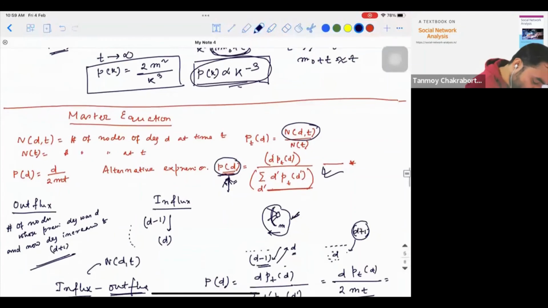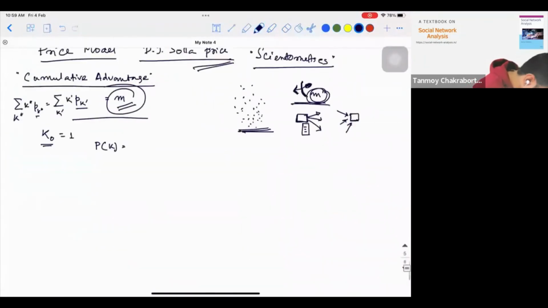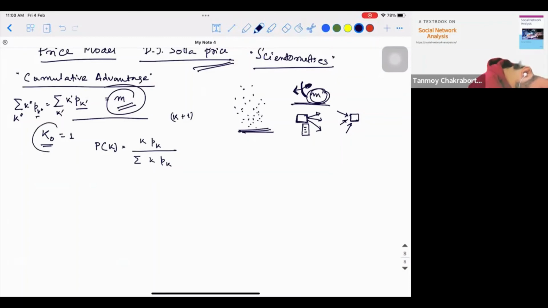So PK is, it should be PKT, whatever, summation of, right? But remember, for each node you have an extra degree 1, which is K0, right? So instead of K we write K plus 1.